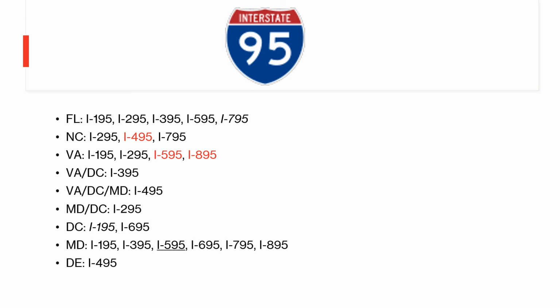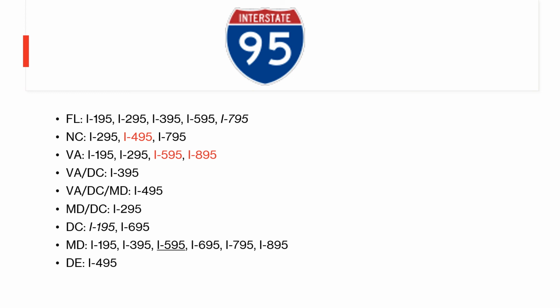Now, Interstate 95 I did in 2 slides because there's so many of them. Florida, where it's a southern state, is 195, 295, 395, 595, 795. North Carolina, 295, 495, 795.